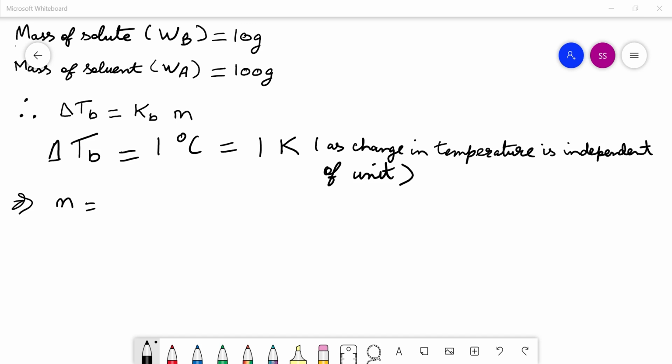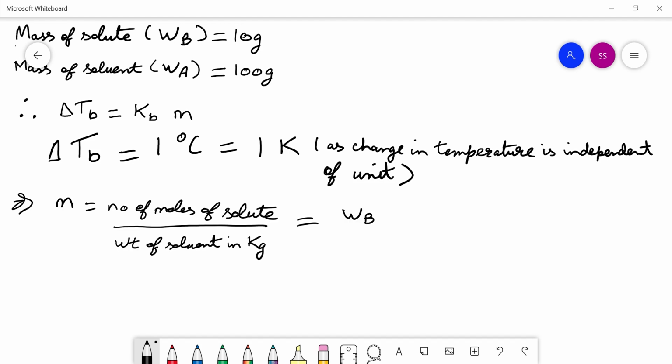Molality is equal to number of moles of solute by weight of solvent in kg, which is equal to W into 1000 by Wa into Mb. थाउजेंड को इससे मल्टीप्लाई करें क्योंकि सॉल्वेंट का वेट केजी में एंड 1 kg इज इक्वल टू 1000 ग्राम.